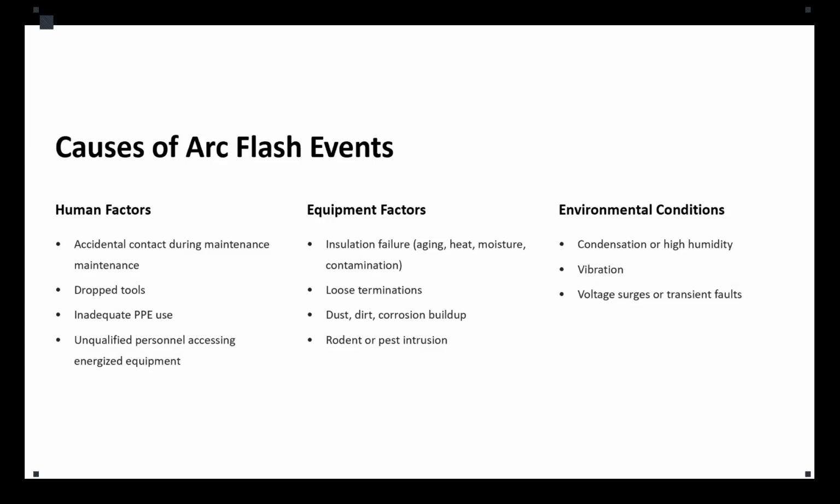We know that over time we have aging in our system, and the electrical insulation gets weakened due to heat, moisture, or contamination. Once that insulation strength decreases, we have a higher risk of arc flash in our system.